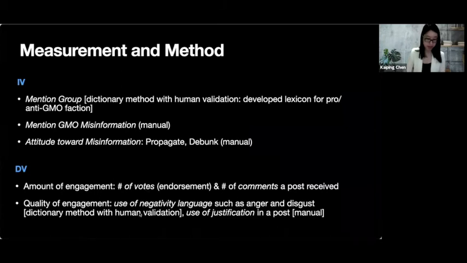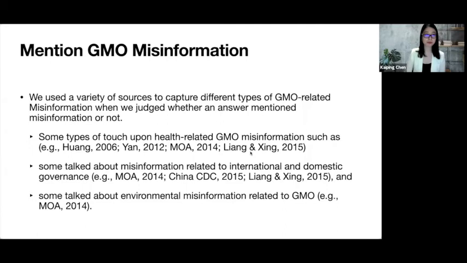And the second dimension is the quality of engagement, where we again use both the computational method and manual coding to analyze the amount of negativity language, such as anger and disgust, used in a post, and also the use of justification, such as whether a post cites exterior sources or personal stories to justify the opinion. These are just some of the details; I'm happy to talk more about them in the Q&A.